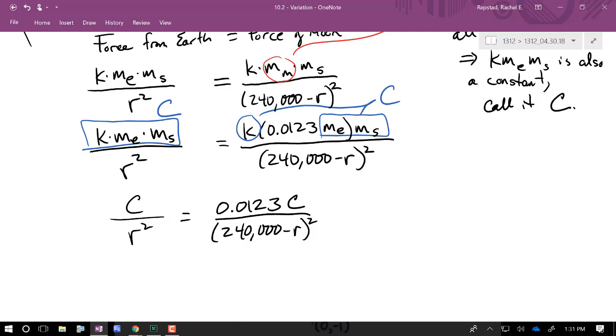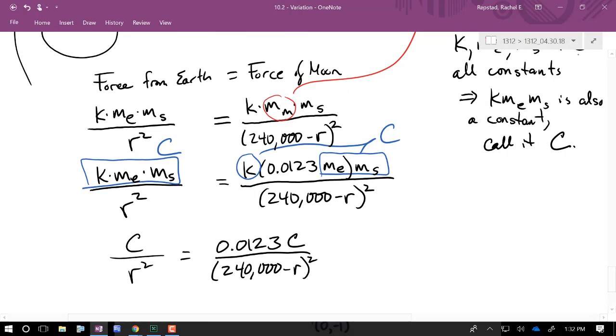So we just made a huge leap in the progress in this problem. So I'm going to pause there and just see if we're all feeling okay about it. Okay. So this big leap was just saying, look, these are all constants, so that means that this product has to be a constant. We'll just call it C. And I hope we all believe that that constant could not possibly be 0. Right? Neither one of those would be 0.